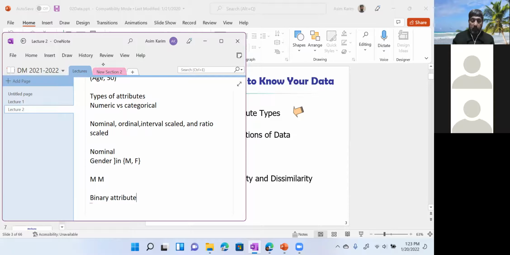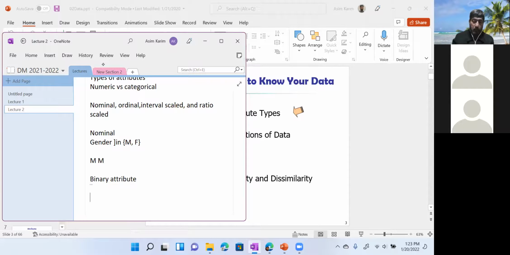There might be other attributes, let's say color. If you define an attribute color with values RGB, for example, it has three possible values. So that would then be basically a nominal attribute with three possible values. So the number of distinct values possible for a categorical attribute is also sometimes important. So we will usually keep that in mind as well.